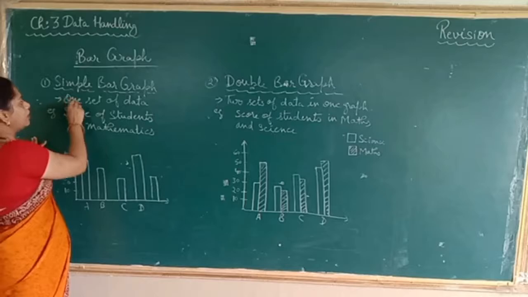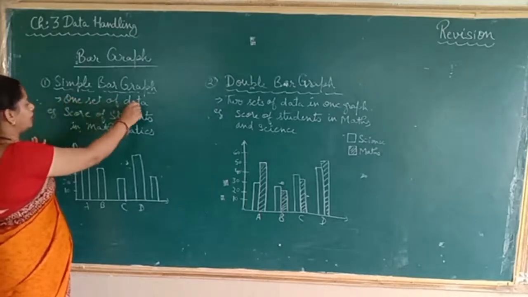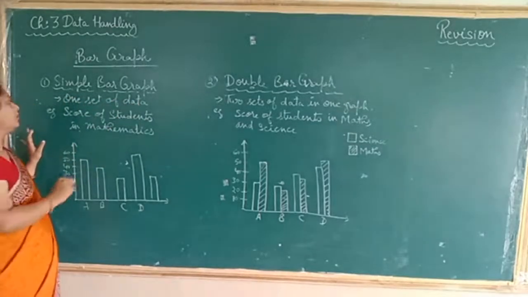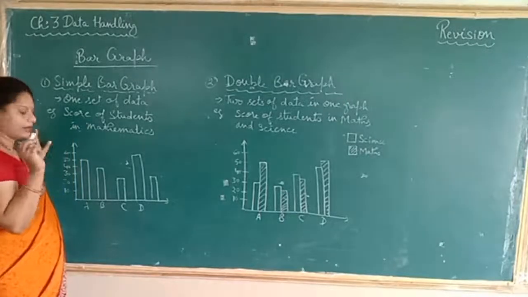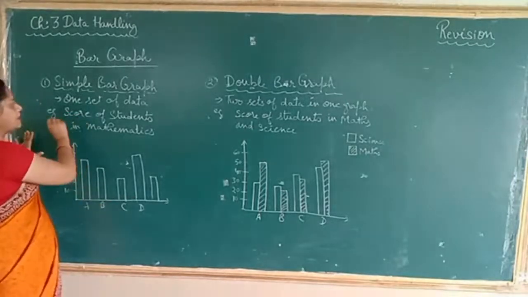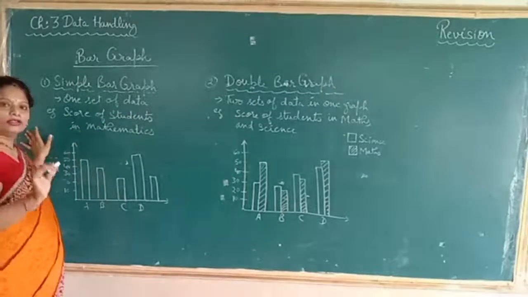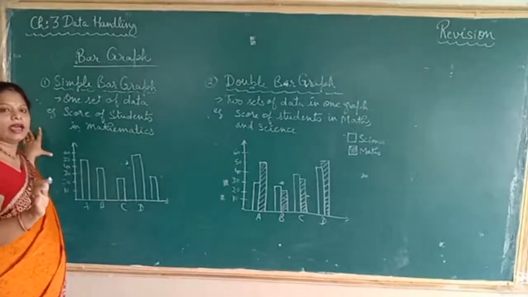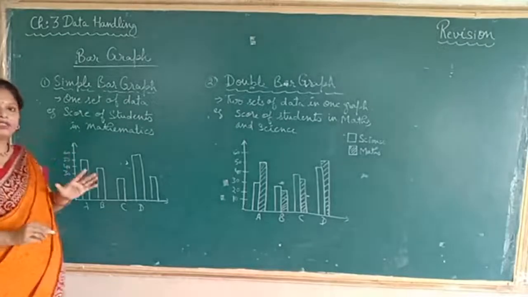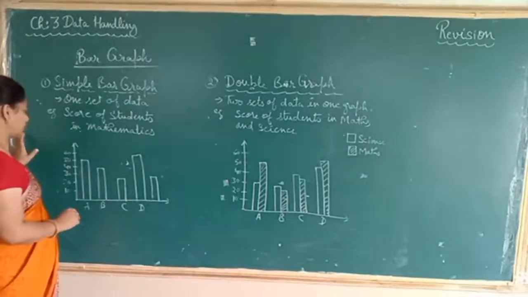If we are able to represent one set of data in a single graph, that is known as a single bar graph, like this. Example, score of students in mathematics. So what kind of data do we have? Single kind of data: one student, one set of marks in one subject.